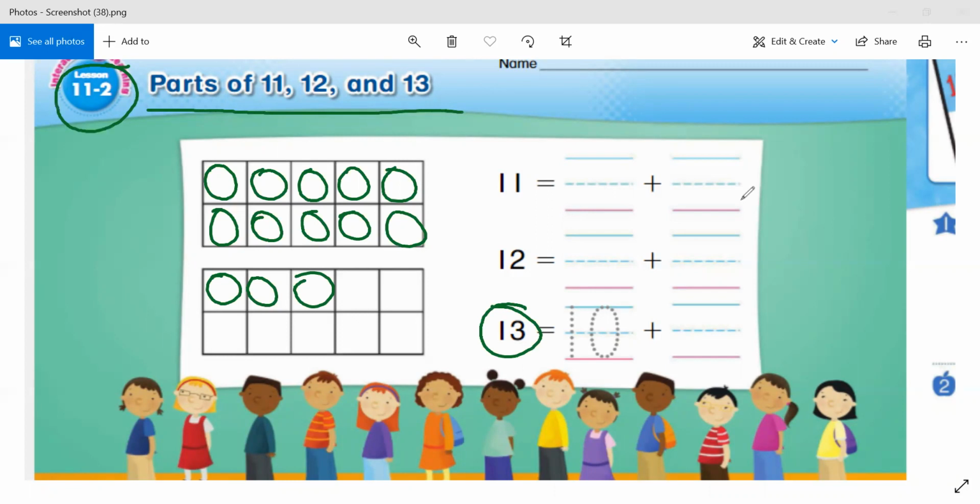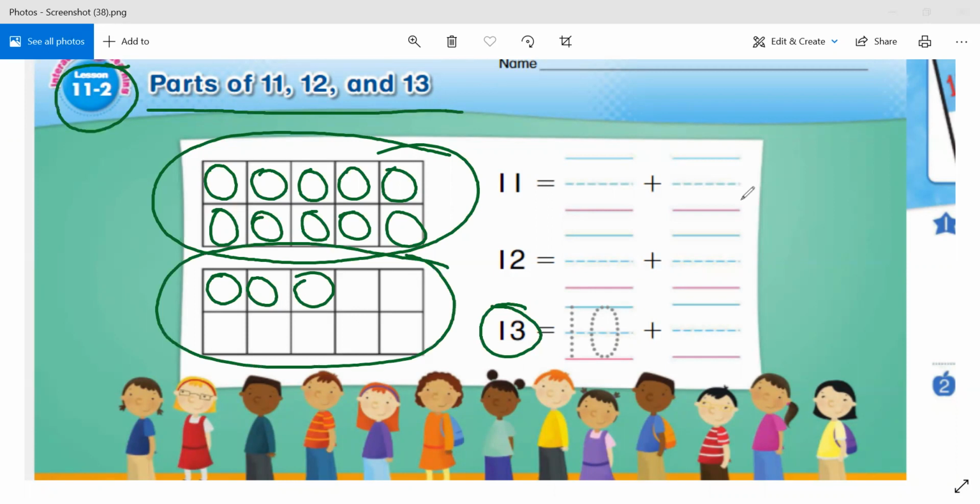The number of children in all. How many children were in the first group? 10, right? And how many children were in the second group? Right here. 3.